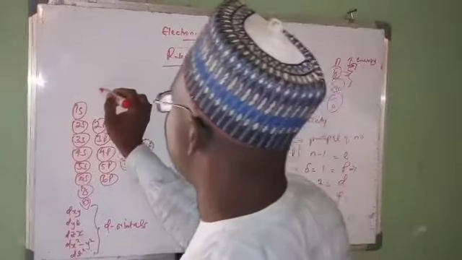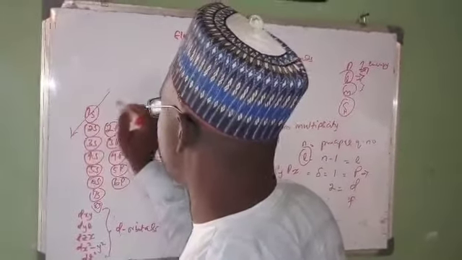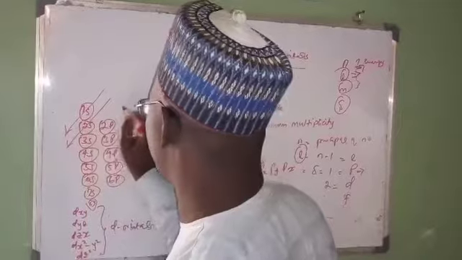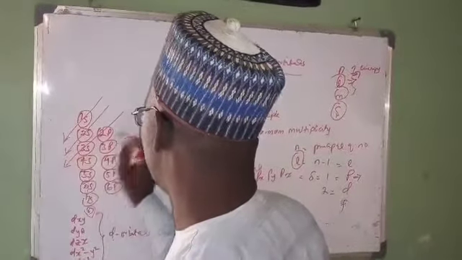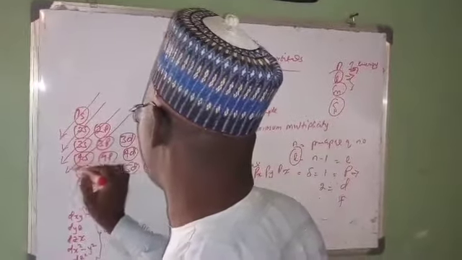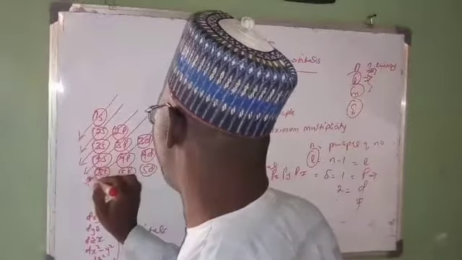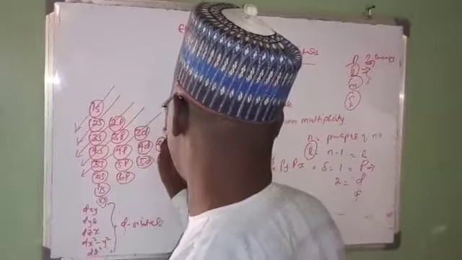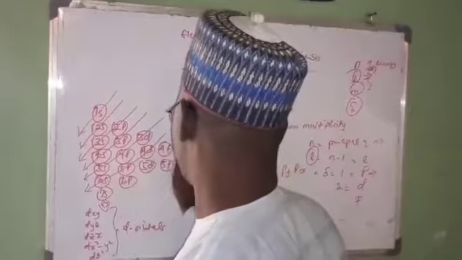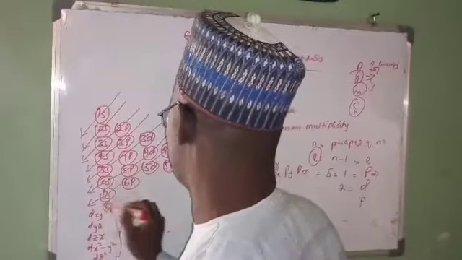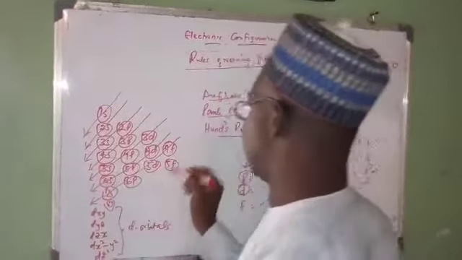Now, if you run an arrow across, this is just to tell us how we are going to comfortably fill the energy levels. We are going to fill the orbitals in accordance with increase in energy level.